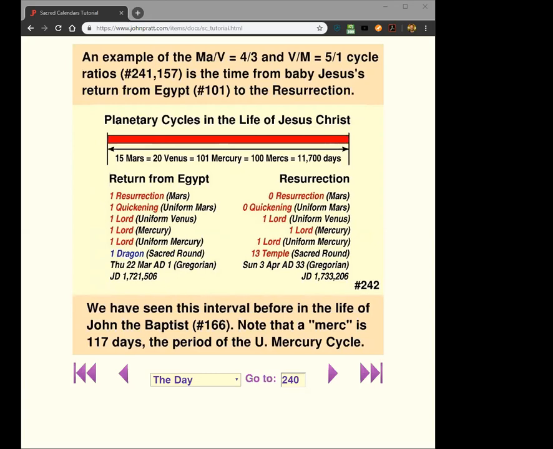And on the uniform Venus, it's one Lord to one Lord. These are all in red. These are major holy days. And one Lord on the Mercury. We've already seen the resurrection was on one Lord on Mercury for the Savior. He's also born on one Lord, and he's baptized on one Lord, or he's actually baptized on 0 Lord. But it's a pair of holy days together.